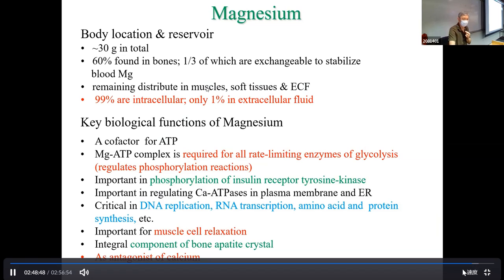The majority of magnesium is inside the cell. Magnesium is required for a lot of biological events because it is important for muscle relaxation, and there are also magnesium ATPase-dependent enzymes. It is also important in phosphorylation of the insulin receptor, which we will talk about later, which is the intracellular signaling mechanism.